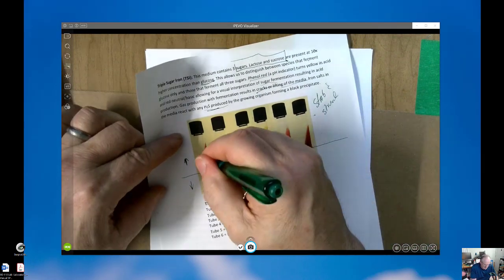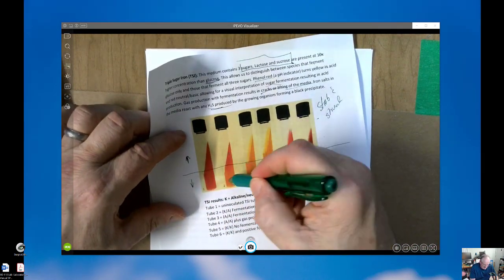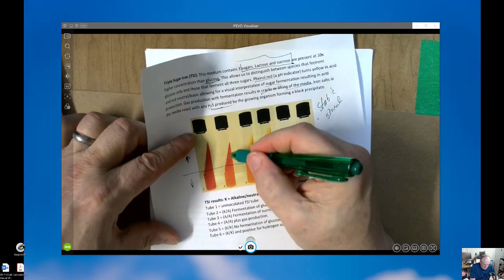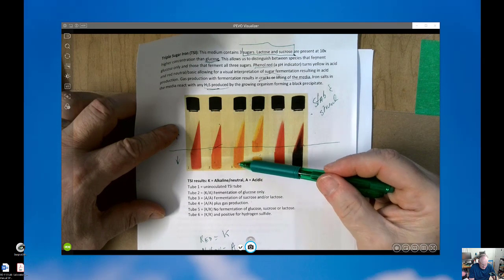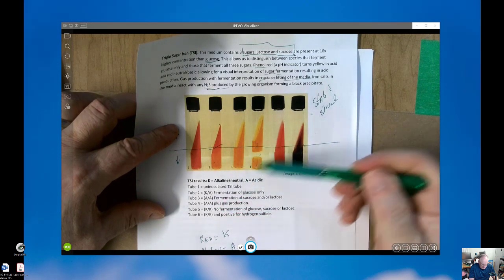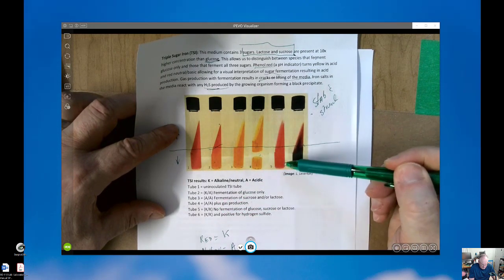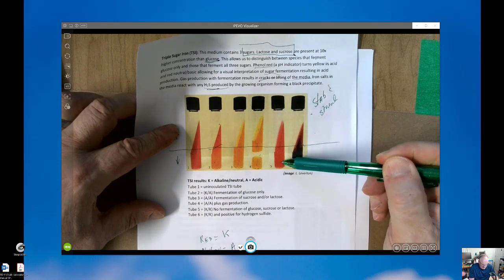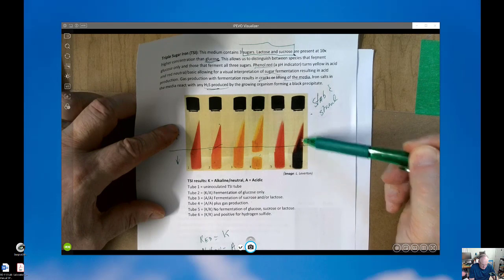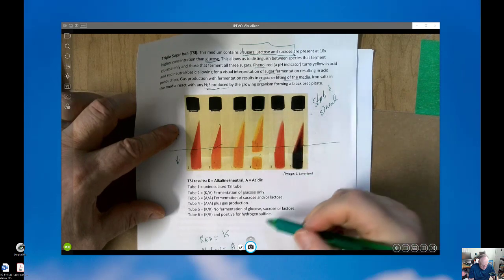So this is KA. You can see the reddish and the yellow down at the bottom. This would be AA. This would be AA with gas. This would be KK, and it's positive for hydrogen sulfide.